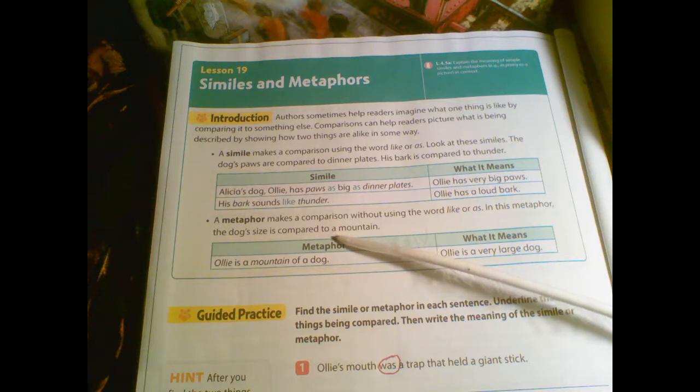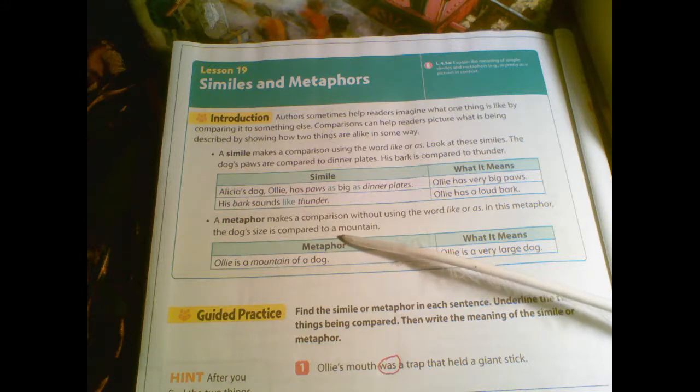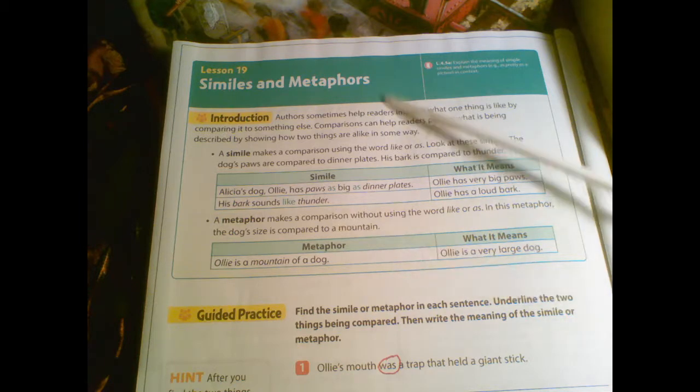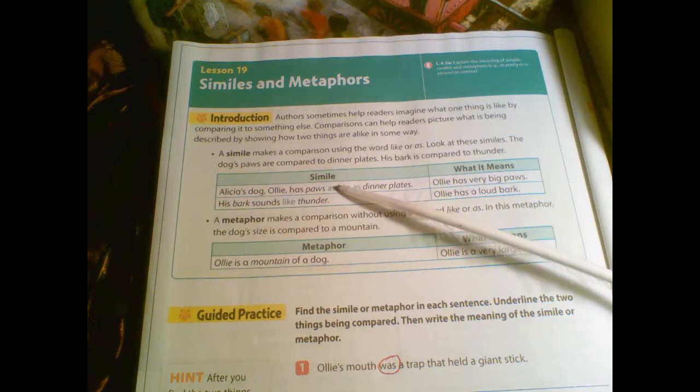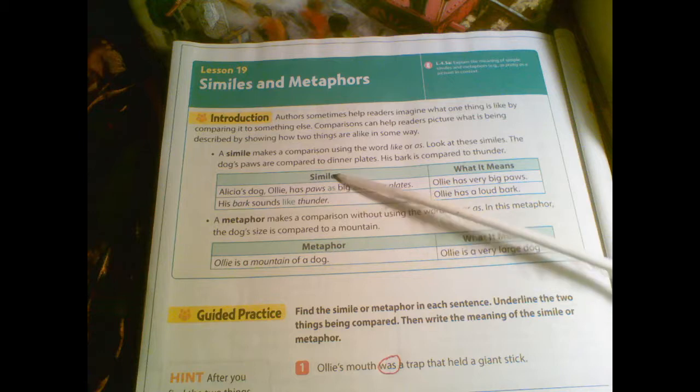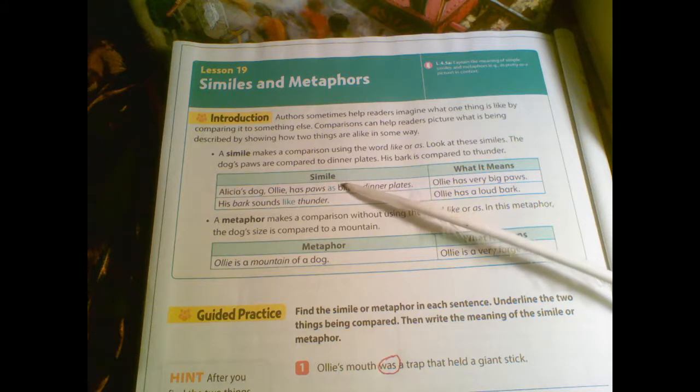Integrate it into your analysis of reading passages, particularly when you're in novels or dialogue-based novels, like fiction, such as Harry Potter. But when authors are wanting to help readers imagine what one thing is like, they can compare it to something that is not like it. And that's called a simile.